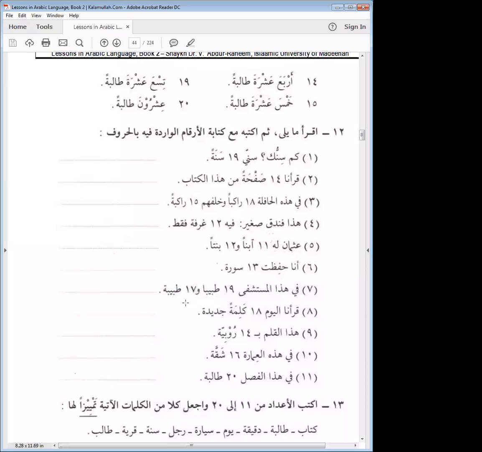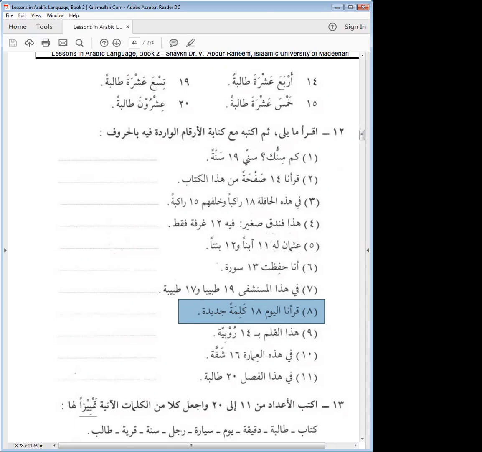رقم ثمانية. 8. نعم. Who will try this one? قرأنا اليوم 18 كلمة جديدة. نعم. قرأنا, we read. اليوم, today.